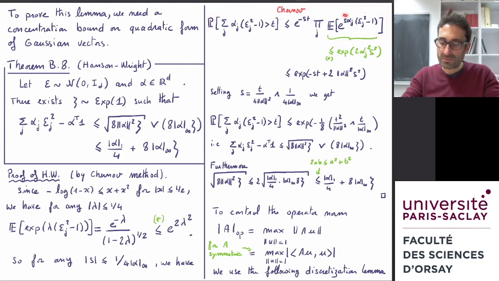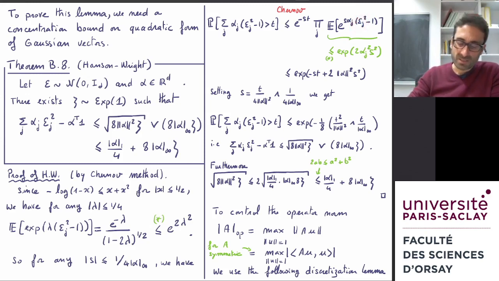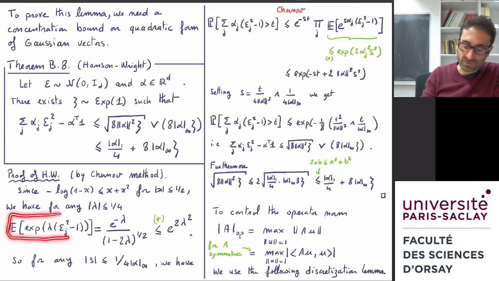So now I need to evaluate this quantity, and I remind you that here epsilon j is a standard Gaussian. So what I will do is compute the Laplace transform of my standard Gaussian squared, which I will recenter.